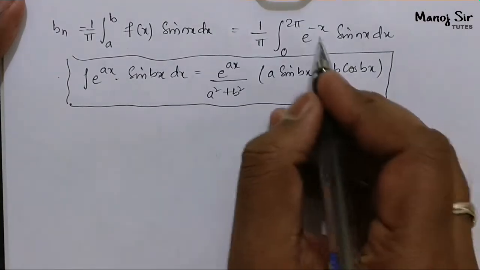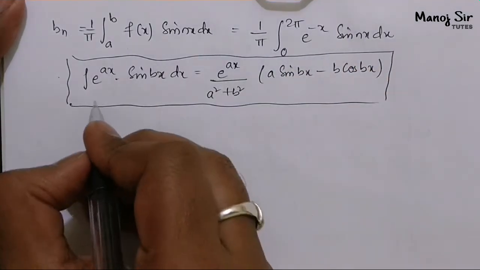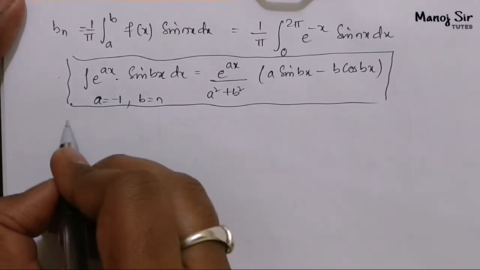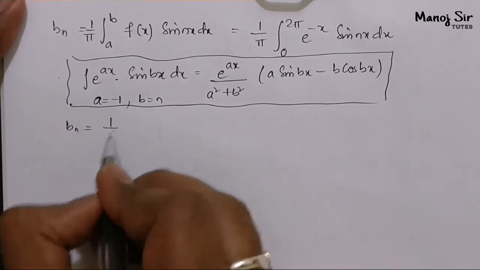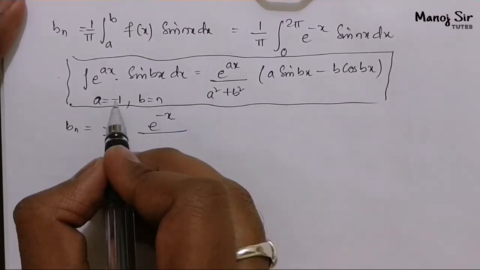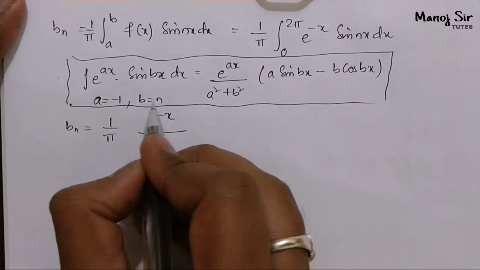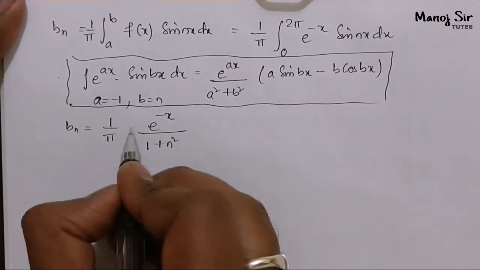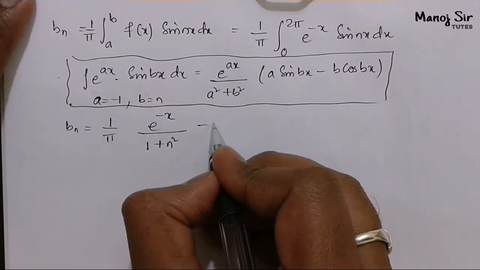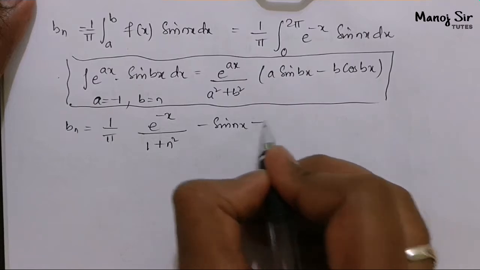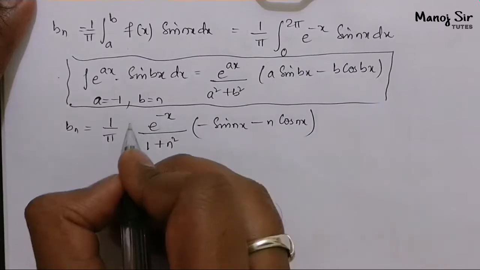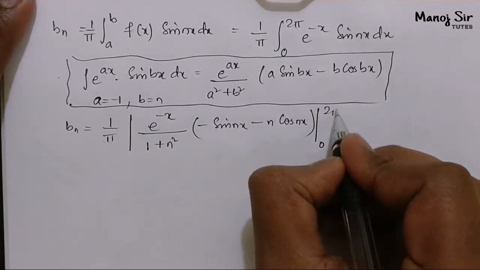If you compare this with this, you will have a equals to minus 1 and b equals to n. So we will have bn equals to 1 upon pi times e to the power minus x upon minus 1 square is 1, n square is n square. Now a is minus 1, so we can write this as minus sin nx minus n cos nx, limit goes from 0 to 2 pi.